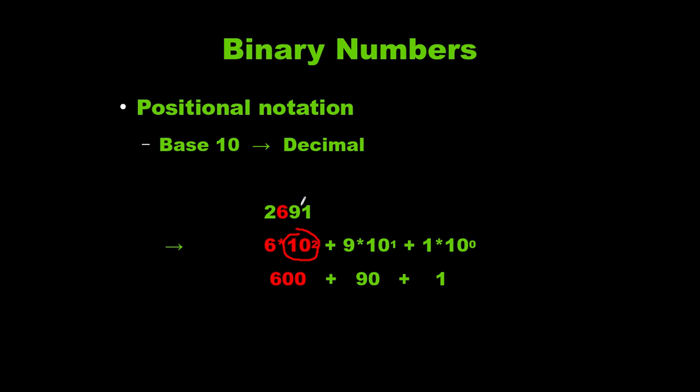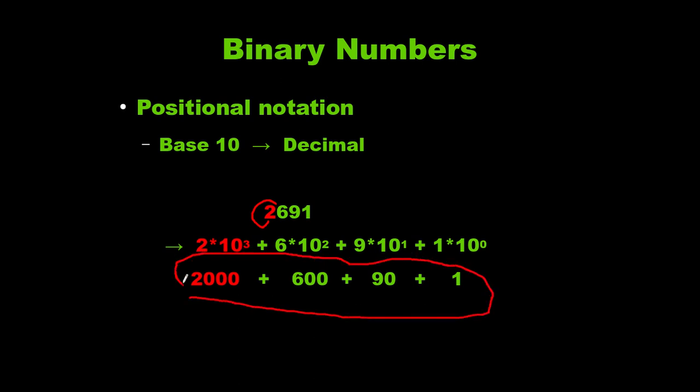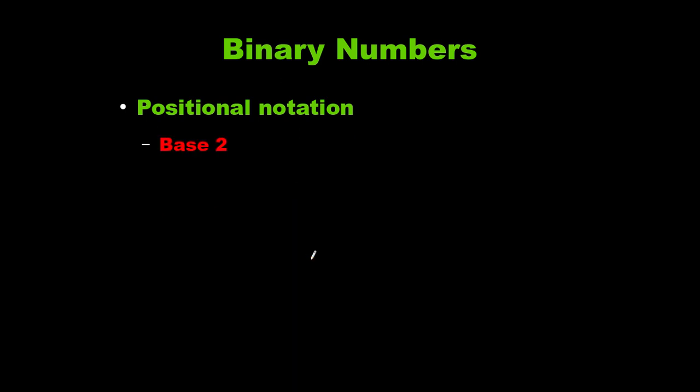So I'll have 600, 90, and 1, plus what now? I'm going to have 10 to the power 3, the position of this number, multiplied by the number, equals 2000. If I add all of those, that will give me that number. And this is easy to notice here because it's decimal, multiples of tens. So we can break it from here to 1, 90, 600, 2000. You can know from that.